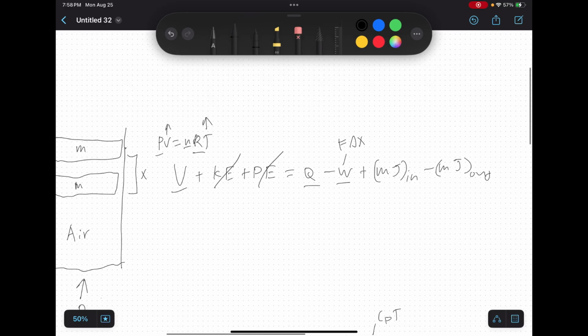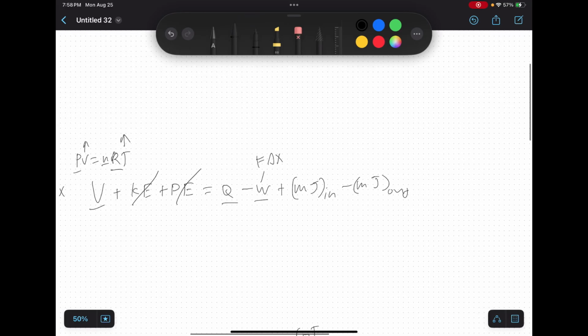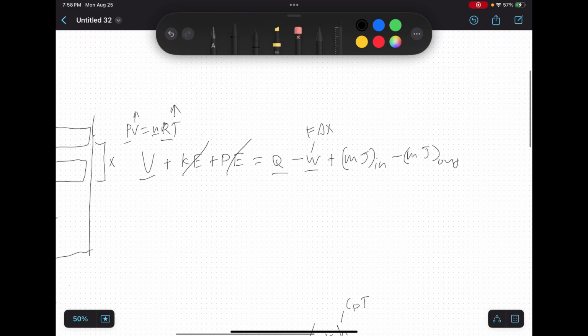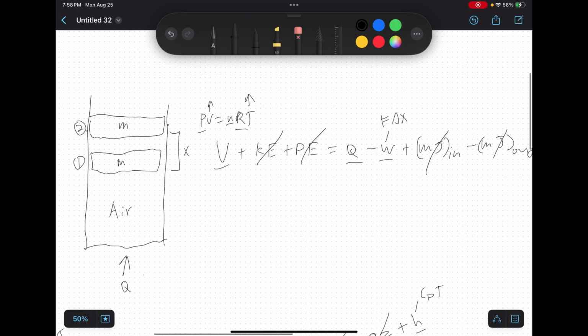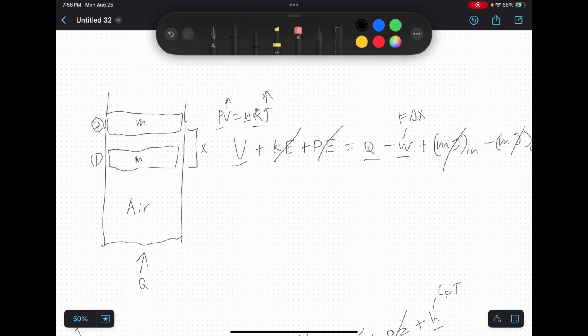You have Q, you have W because you have force times x. All right, the m H terms. You don't have any because there is nothing entering or leaving. There's no mass of air entering or leaving the system. Okay, so let's write this out as a function of state 1 and state 2.